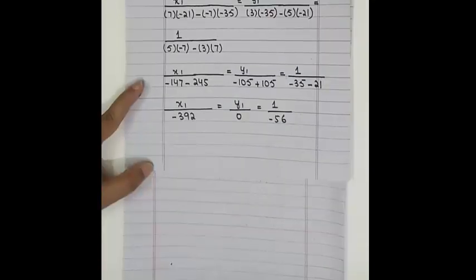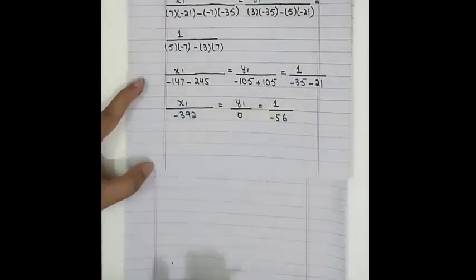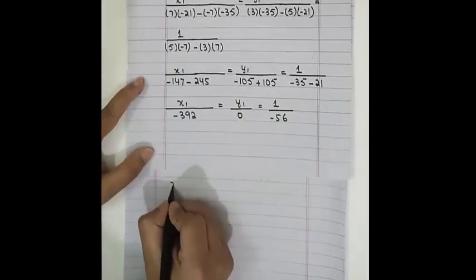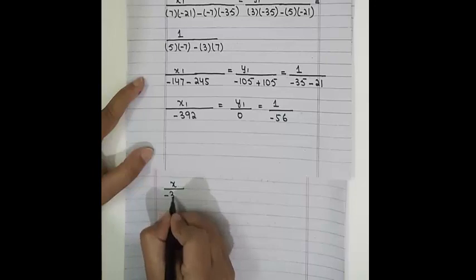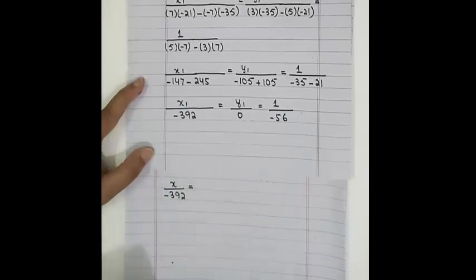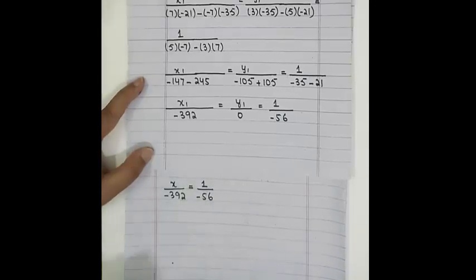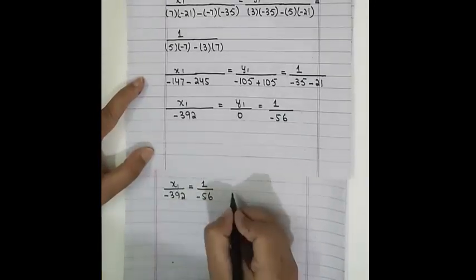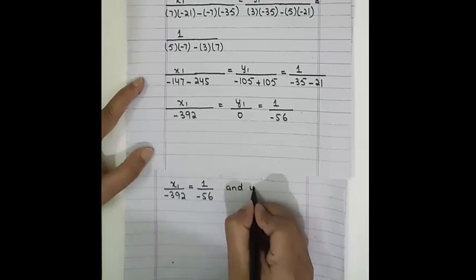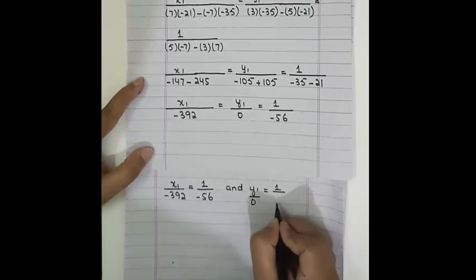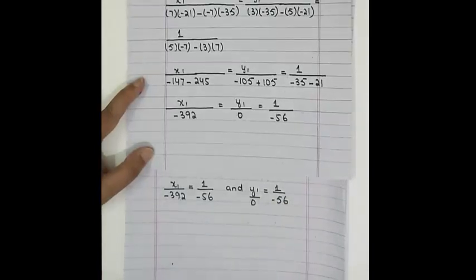Now we will write these two terms separately as equal to this term. x over minus 392 is equal to 1 over minus 56, and y1 divided by 0 is equal to 1 over minus 56.